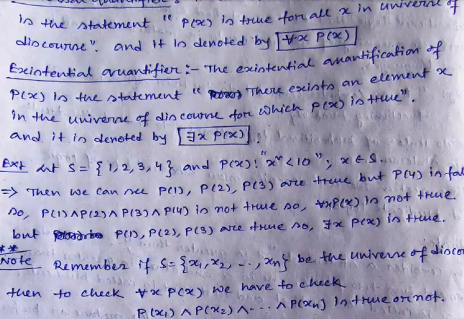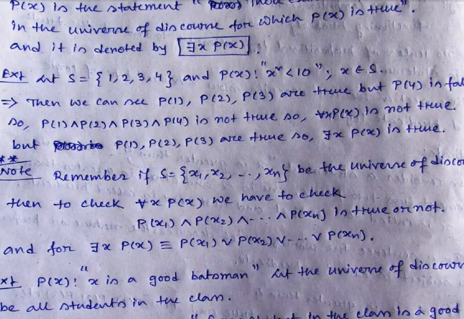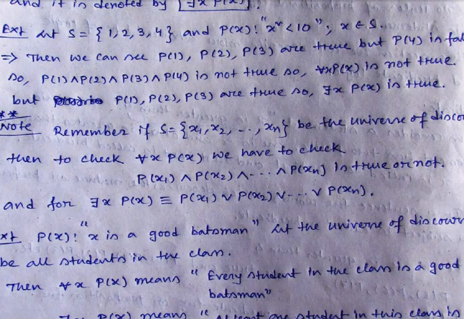Now always remember that whenever we want to determine whether it is an existential quantifier or a universal quantifier, we have to remember this. Say S is the total set of the universe of discourse, and x1, x2, ..., xn are the elements present in it.